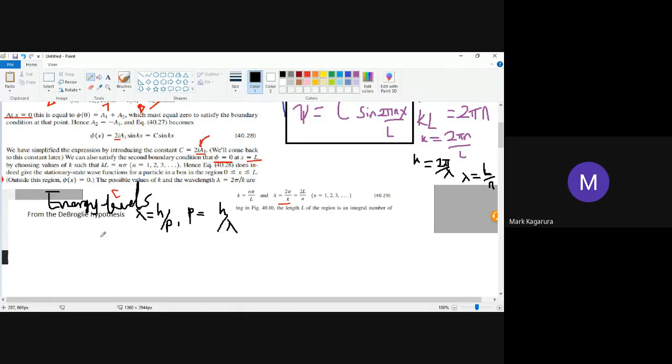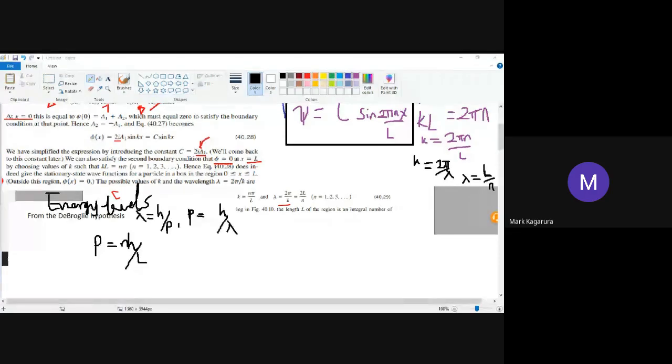And so our lambda is L over N. So p is going to be equal to h divided by lambda, which is L over N. So 1 over lambda is N over L, so p is N h over L. And then we also said that, what else did we say?